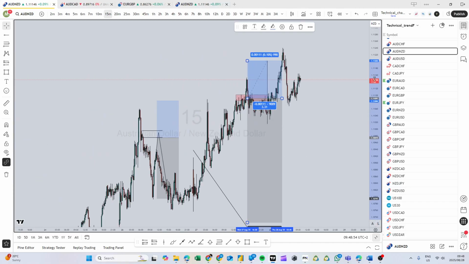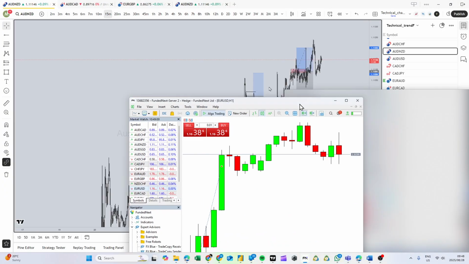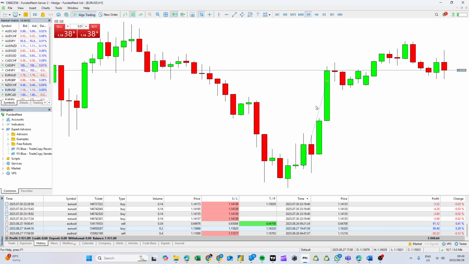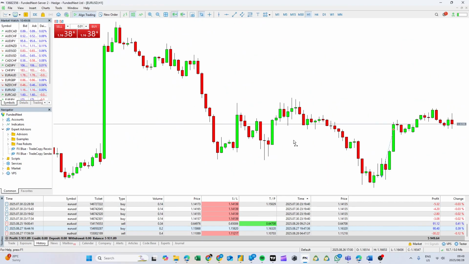So those were my two trades. I took both trades yesterday. Now if we go through MT5 to see, this was the dollar trade.